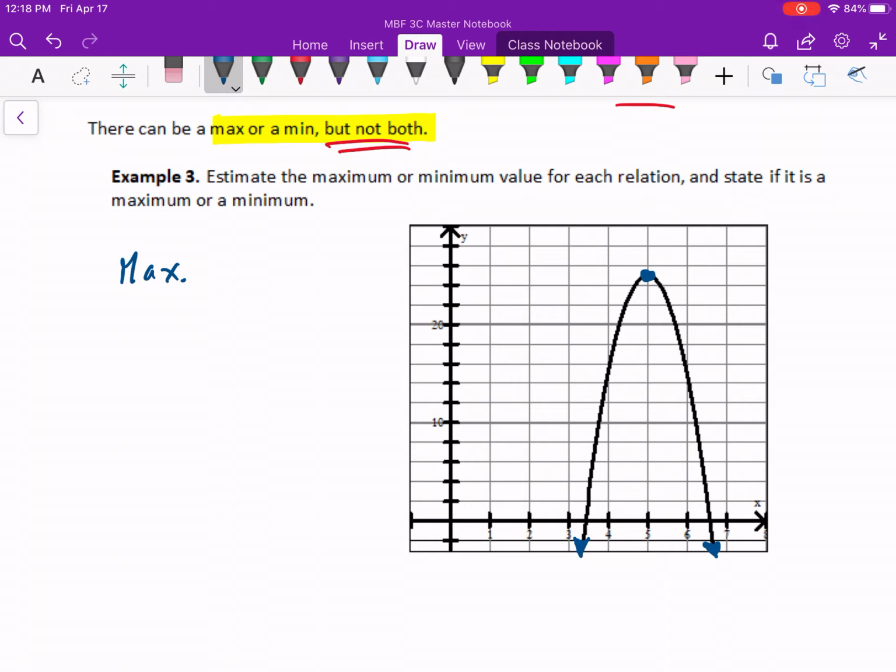And what's the value of that? y equals, looks like my scale's going up by 2's, so that would be 22, 24, 25. y equals 25. So in other words, I'm measuring it on the y-axis right here, 25. That's the highest point.